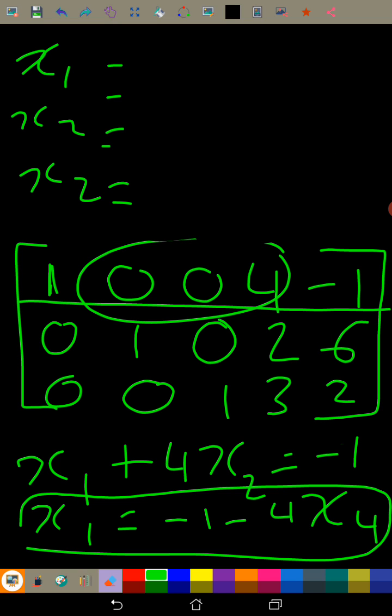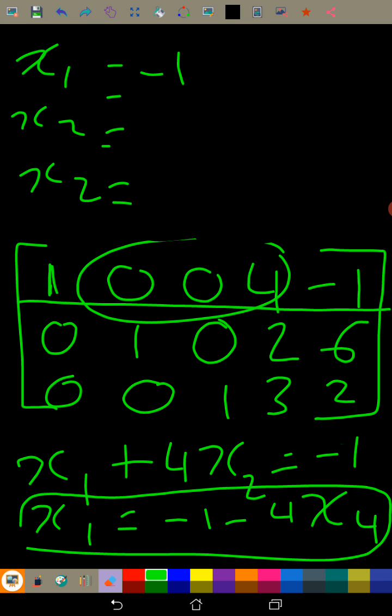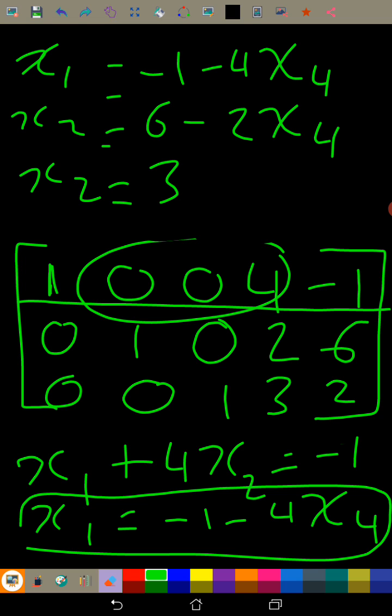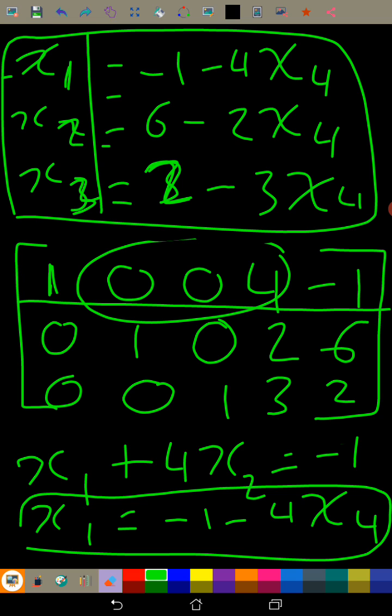So what we have here, I'll write it: -1 minus 4x4, 6 minus 2x4, and 2 minus 3x4. So this is x1, x2, x3. We have the three leading variables expressed in terms of the free variable.